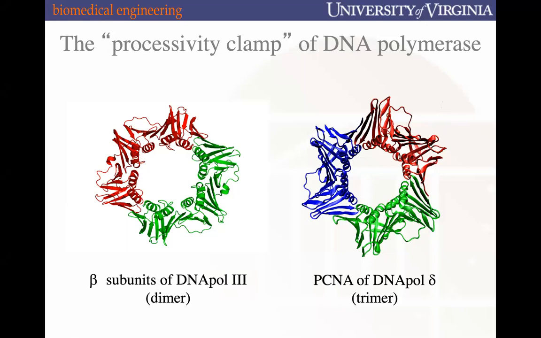All right, so last class, we left off talking about the processivity clamp of DNA polymerase. In the previous lecture, we discussed how there are lots of subunits that constitute DNA polymerase 3.